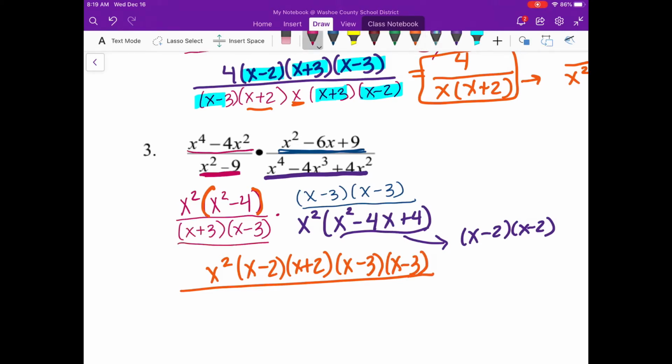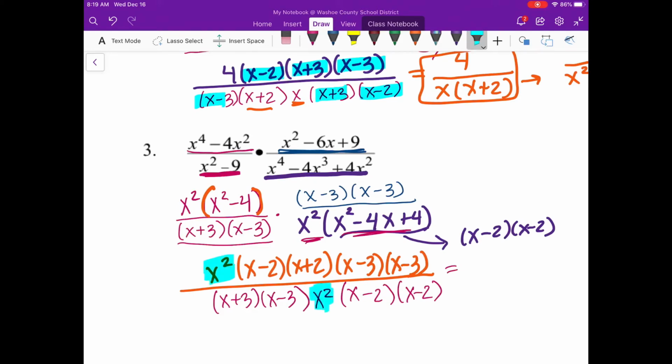So it just got a little longer. In the denominator, these stay the same, x plus 3, x minus 3. We still have that x squared, but then we said that this factors out a little bit more, x minus 2, x minus 2.